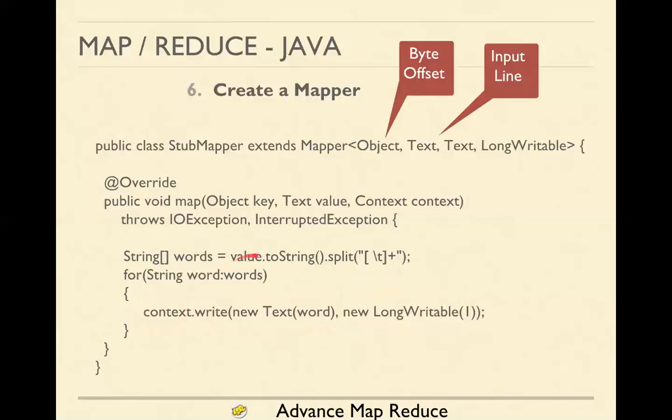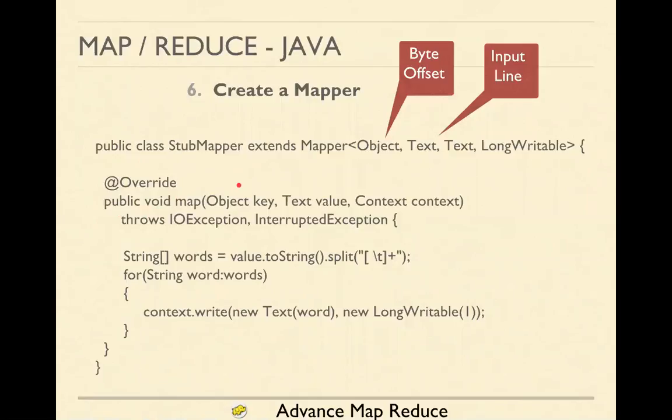Now you can see that for each line we can create many words, and for each word we could have many key value pairs. Or sometimes we may want to give no key value.